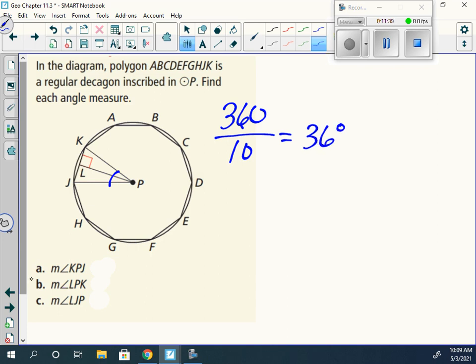So KPJ, the whole angle, would be 36 degrees. LPK would be 18, because that apothem is going to bisect that angle. It's going to cut it in half.